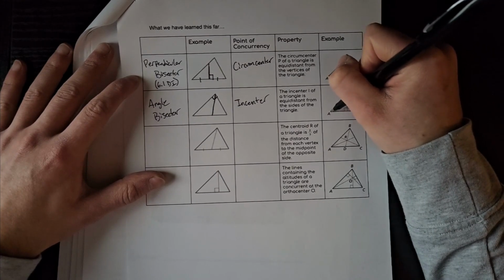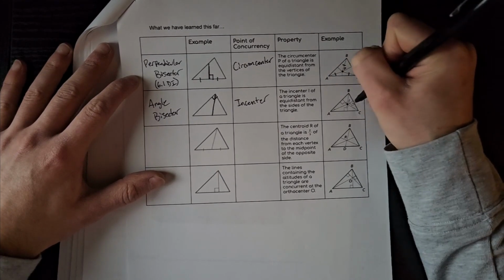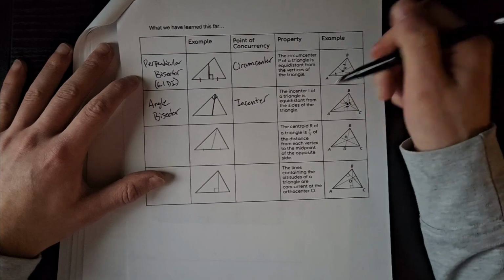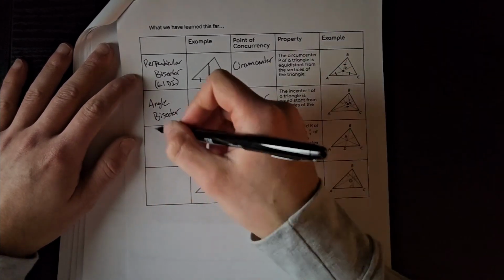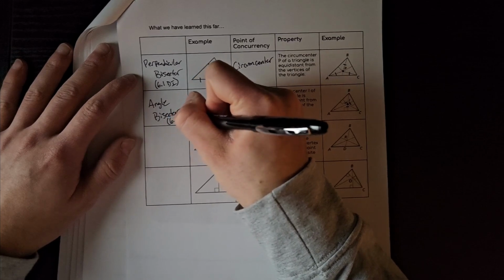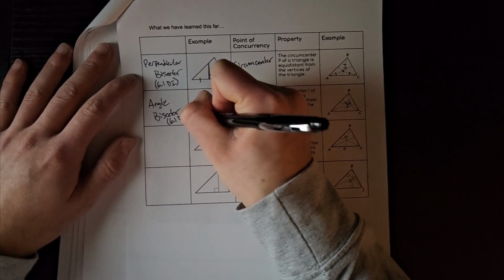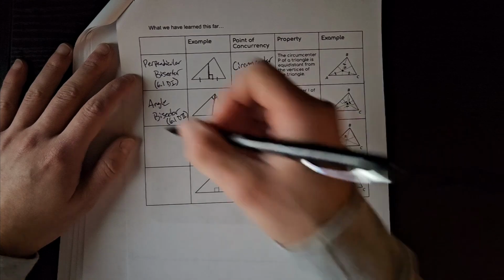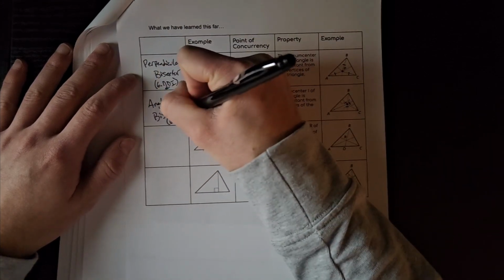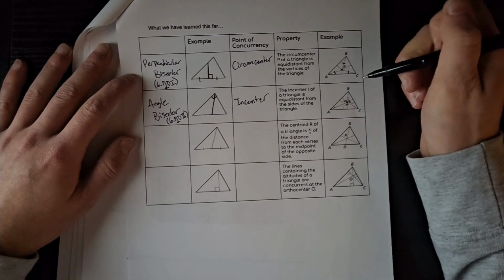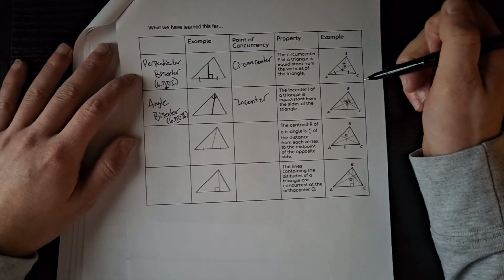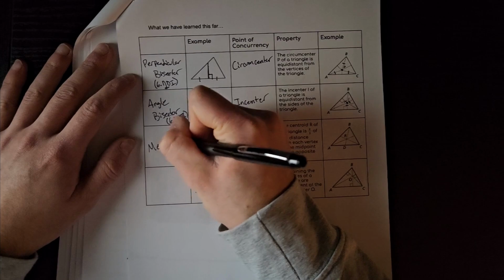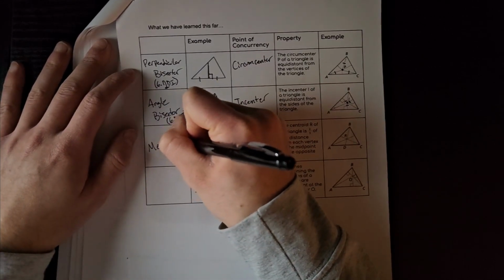So if we have angle bisectors, their intersection will create all of these perpendicular lengths congruent. They're all the same length. And this was in 6.2 day 1 and 6.2 day 2. My mind is going crazy. This one is the median.